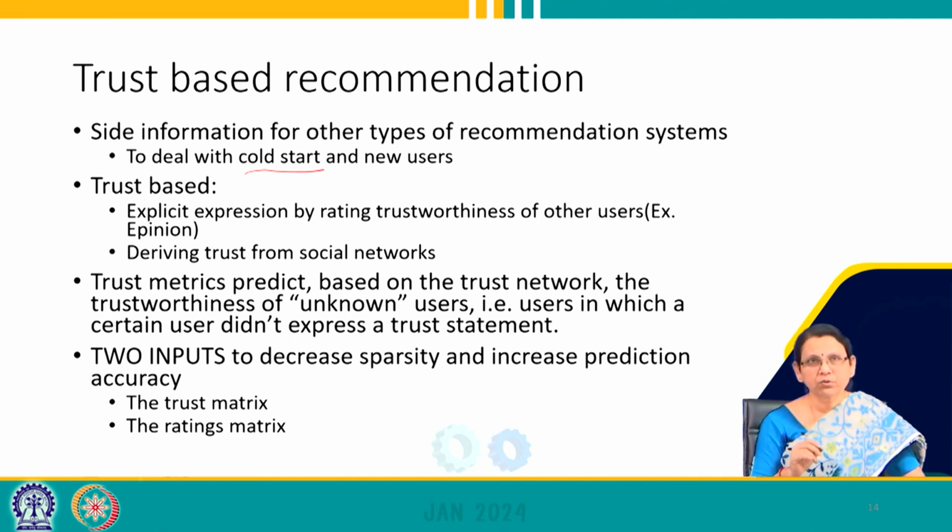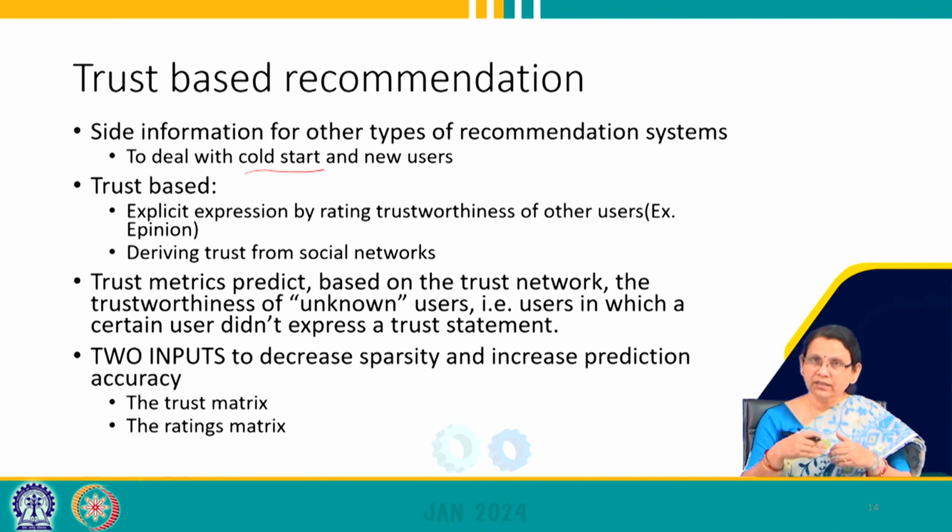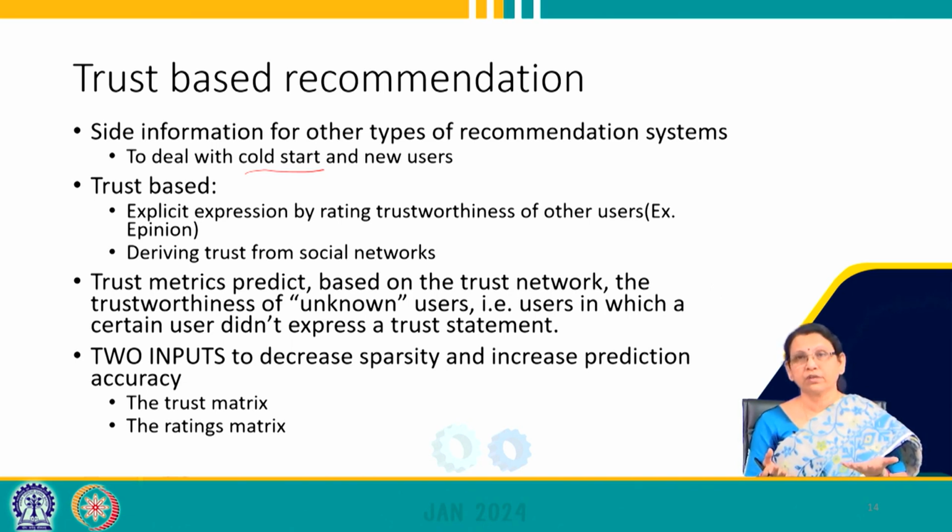In case of a new user, he has not given any rating. So, what were you doing in case of collaborative filtering? You were trying to find out the similarity of this user with other users and trying to give something, or there is another way of looking at it in collaborative filtering in which you compare the items and find out item wise, but this new user has not selected any item as well. So, how do we do it?